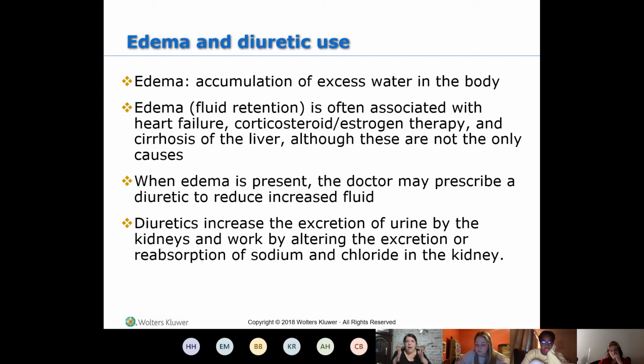So the kidney's job in homeostasis is to keep those levels of sodium and chloride within the blood normal and excrete the rest, correct? We would all kind of agree that that's the kidney's job in homeostasis. So the kidneys, in normal function without any interference, are either going to hang on or they're going to excrete.